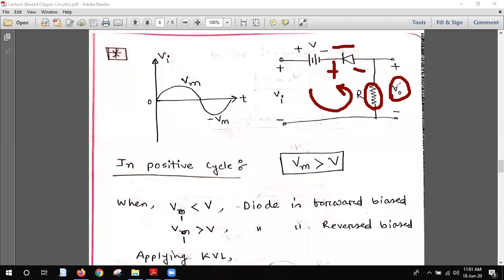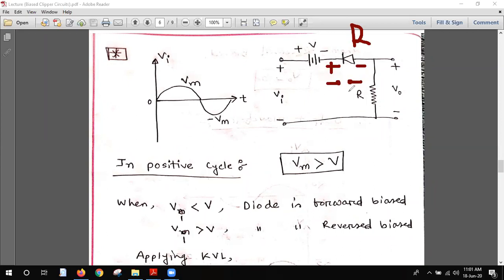But when this is reverse bias, this is plus, this is minus, at that time it will be just like an open circuit. This diode will be open circuit, so there will be no current, I equals zero, because there will be no current here.